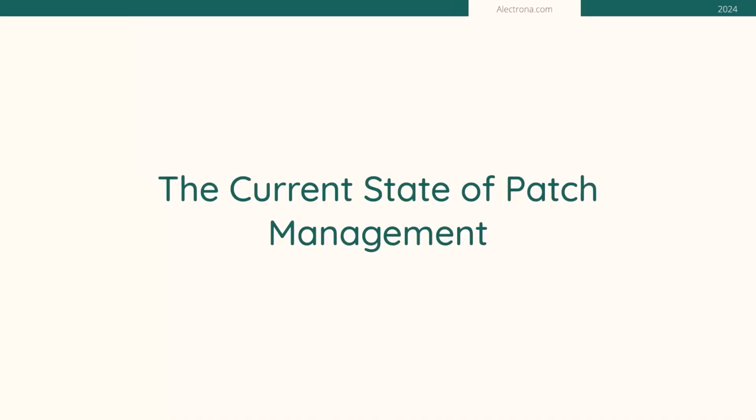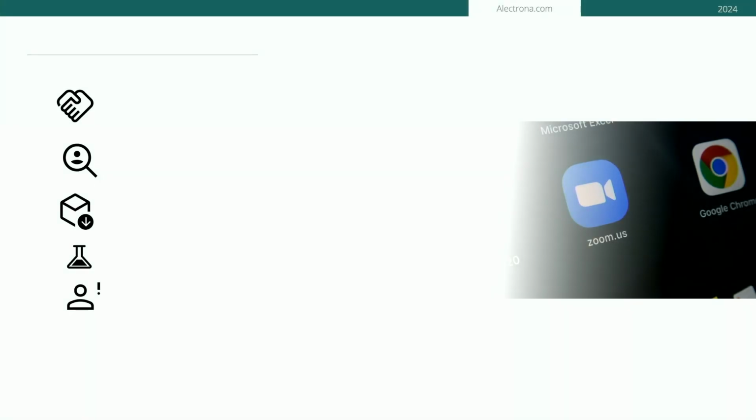So let's talk about some of the current things in the state of patch management. Starting with open source, we have lots of amazing open source tools available to us out there, a lot of them built by some of our peers here in the industry.